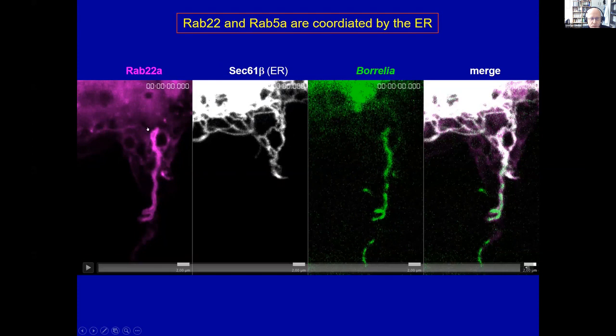So the movie you're seeing now is RAP22A, here positive at the Borrelia phagosome, and this time in magenta. This time in white, you see the endoplasmic reticulum with these tubules, and again in green, the Borrelia.